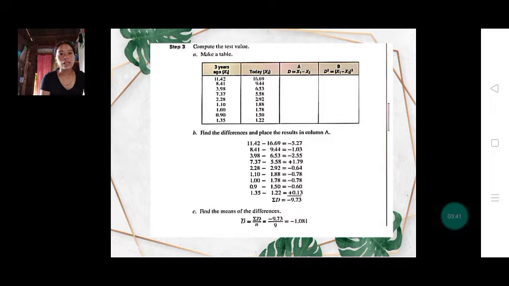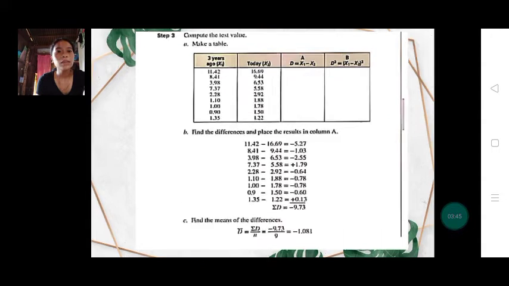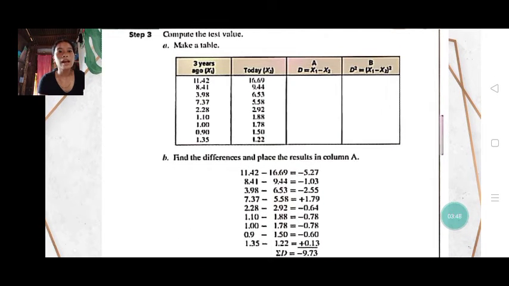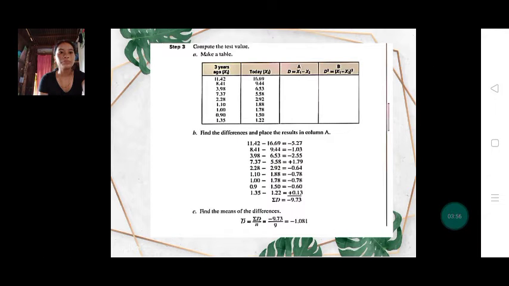Next is step 3. Compute the test value. So you can see the table here, where the deposits 3 years ago and deposits today are placed, then column A and column B. To compute the test value, we make a table with everything arranged, then find the difference and place the result in column A. So, find the difference.